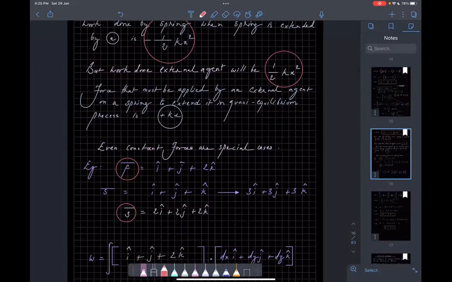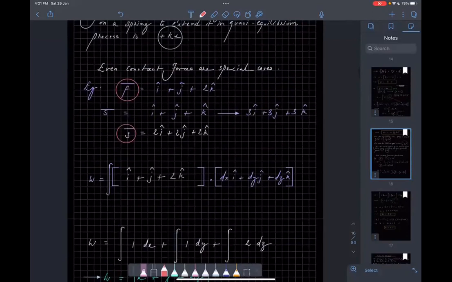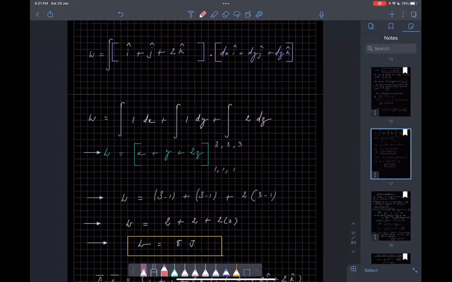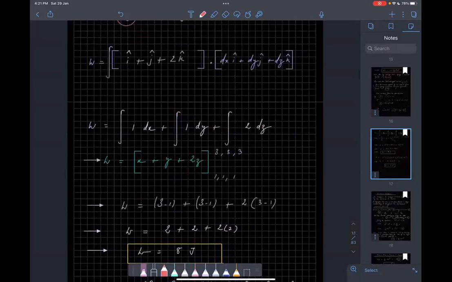If constant forces are acting, then you need not do this integral. Even if you do the integral, you'll get the same thing as you do the dot product directly. I've done it here and shown: you'll get 1 here, 1 here, 2 here, so it will be 2x, 1y and 2z.